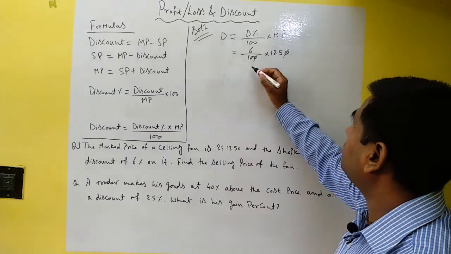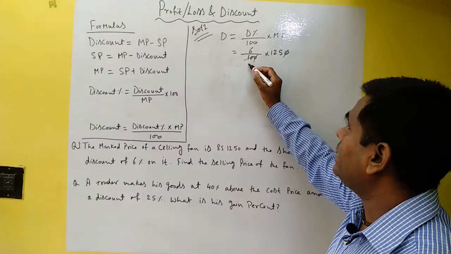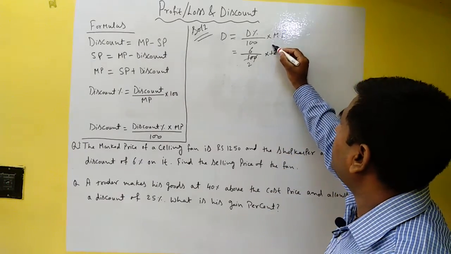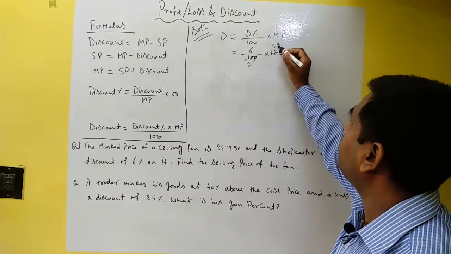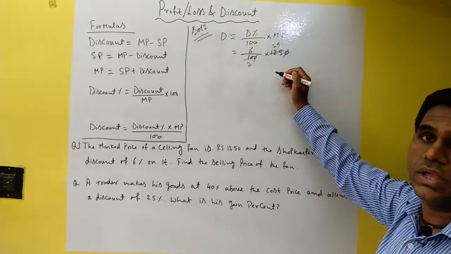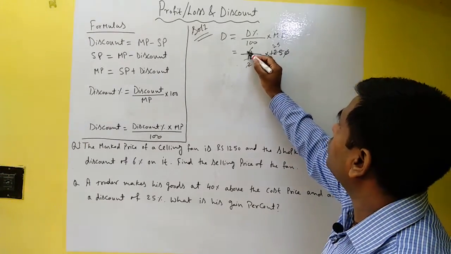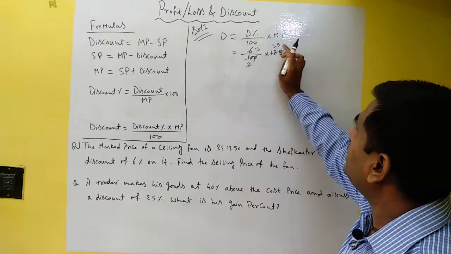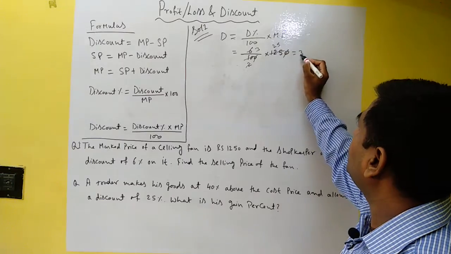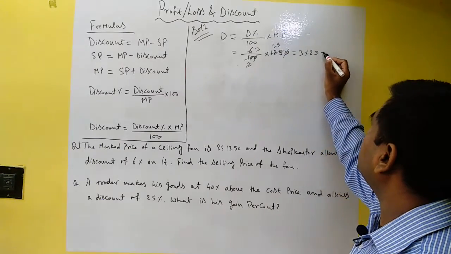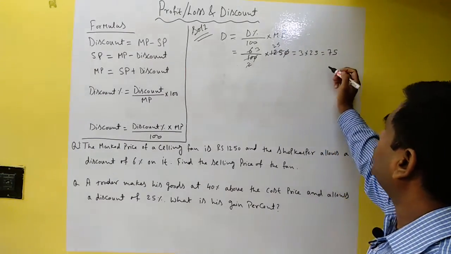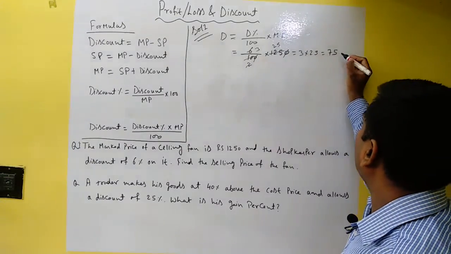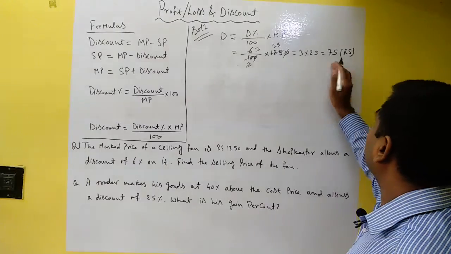With 5, 5 twos are 10, and 25 fives are 125. Then this 2 also gets cancelled with 6, it becomes 3. So 3 into 25 is equal to 75. So this is the discount. 75 is the discount in rupees.